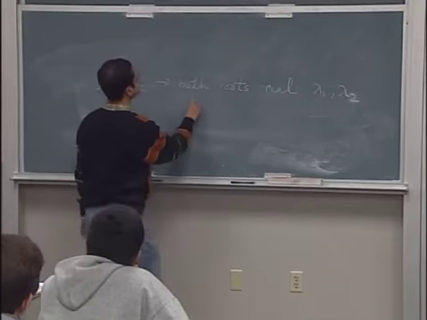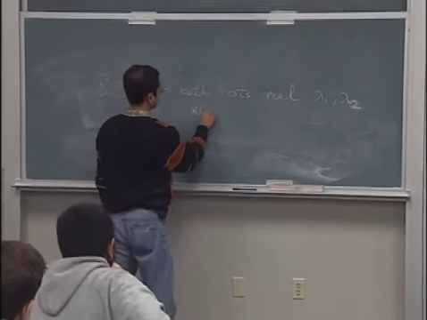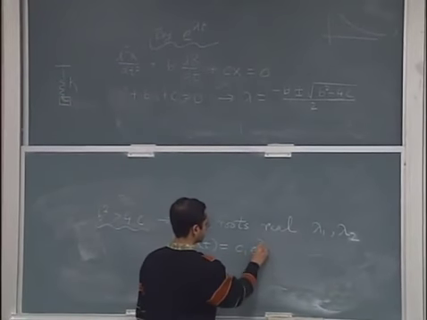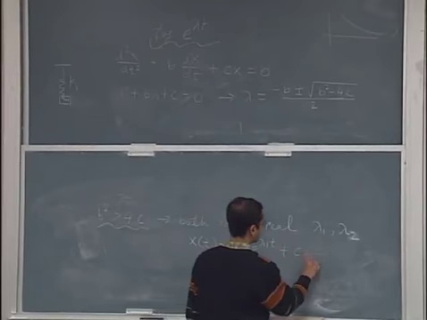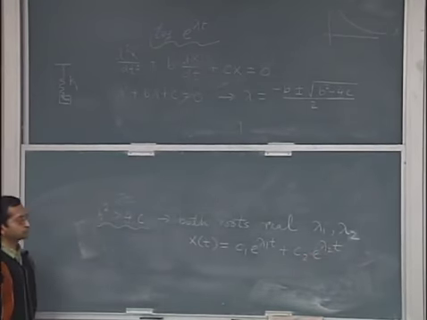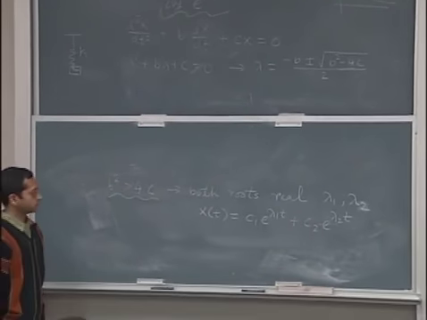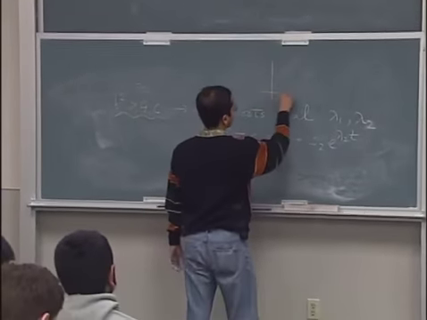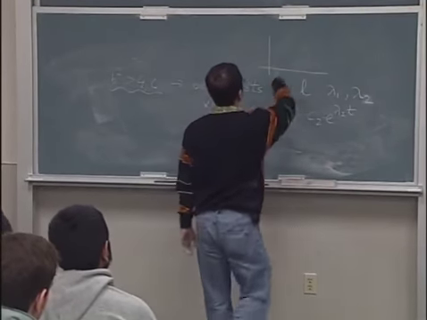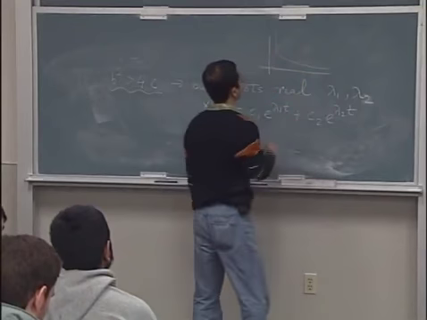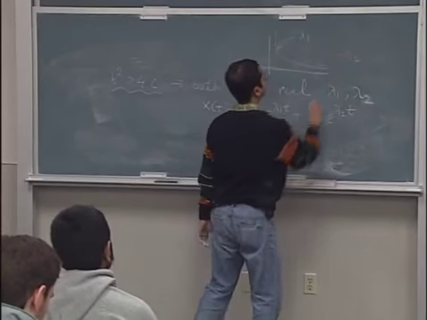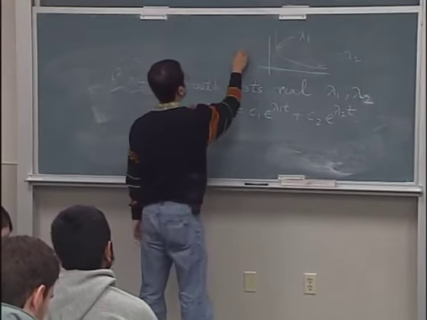So the solution is x of t. So you will have, for example, a 2 time constant decay. This is from lambda 1 and this is from lambda 2. If you plot x of t.